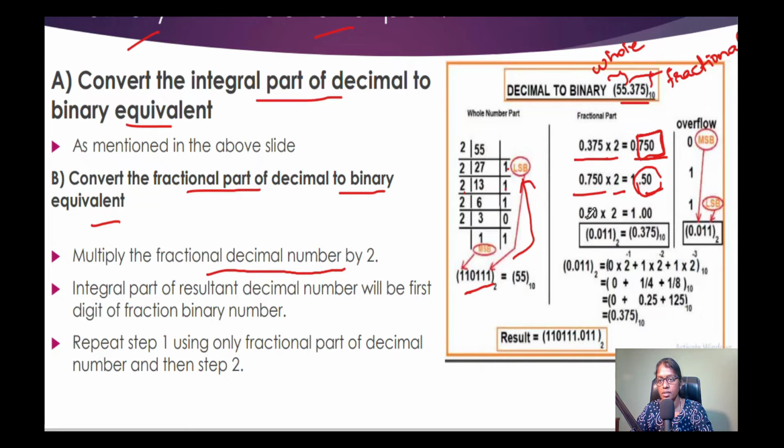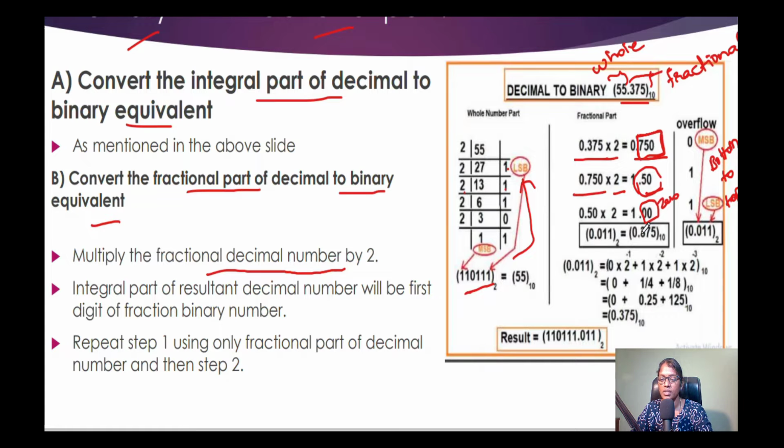Only the fractional part you take. 0.50 into 2 gives 1.0, so the fractional part becomes 0. When the fractional part becomes 0, you stop the process and write down from bottom to top.